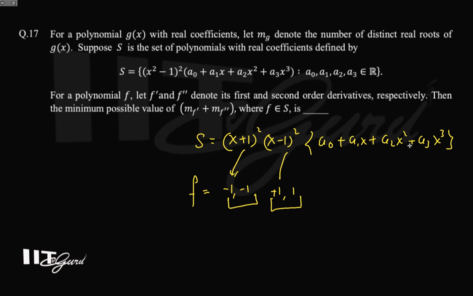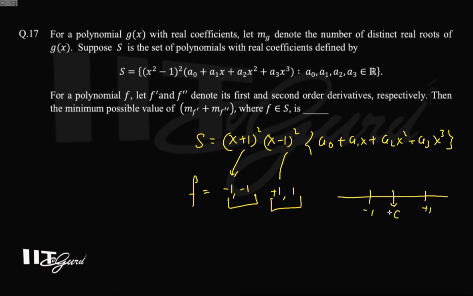You can't say that because it's not clear. Later on we'll discuss it. Hold it. So according to Rolle's theorem, this is minus 1, this is plus 1, and between minus 1 and plus 1 some value c is there where the derivative is 0, meaning c will also be one of the roots.